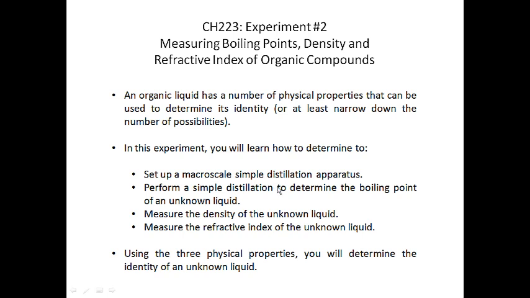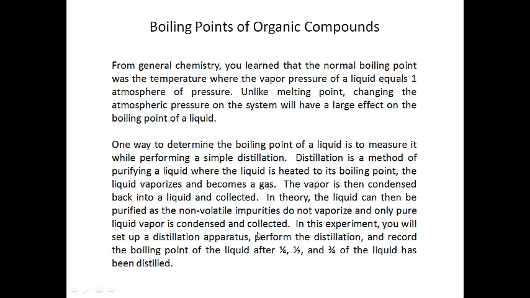But in this case, we're going to use the simple distillation to determine the boiling point of an unknown liquid. Then we're going to measure the density of that unknown liquid and its refractive index. And then using those 3 physical properties, you're going to determine the identity of an unknown liquid given a list of potential possibilities.